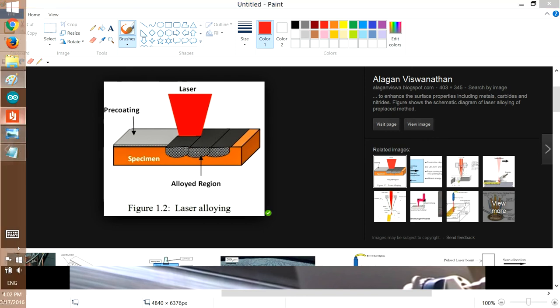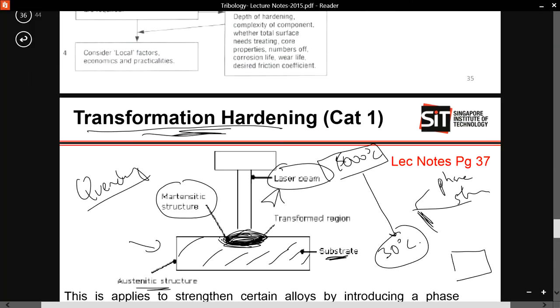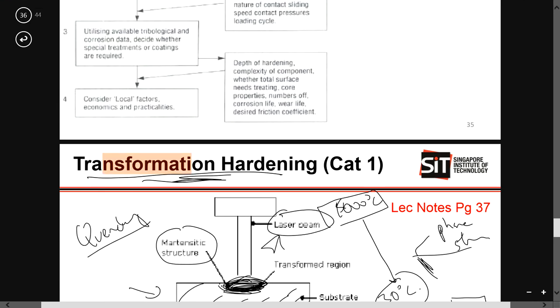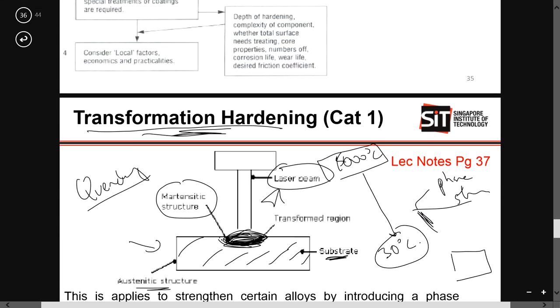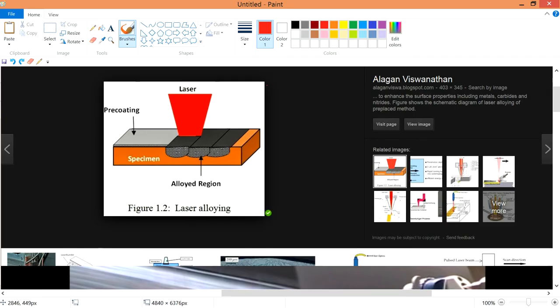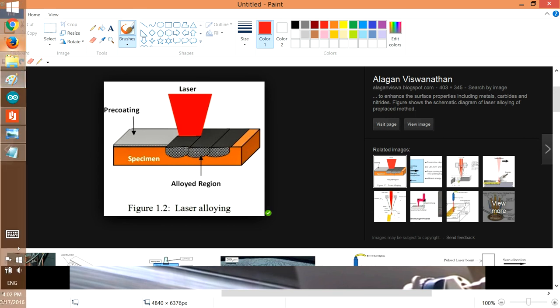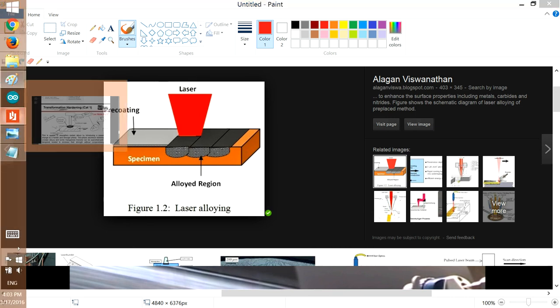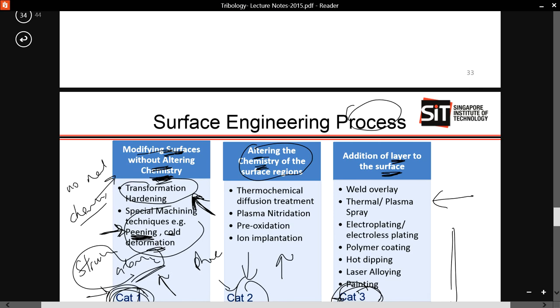Therefore it's different from our laser transformation hardening method. Instead of transformation hardening of the base, you are talking about transformation hardening onto the pre-coating. So I think this also applies to other methods, as mentioned.